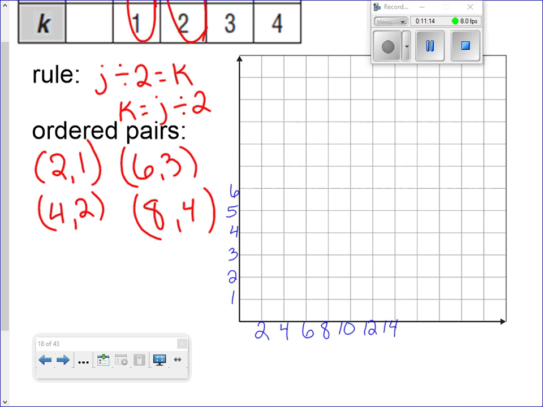And then we just need to put our ordered pairs on the grid. So (2, 1), (4, 2), (6, 3), and (8, 4). Now we could continue both patterns, and it will continue our straight line. If you found the rule and ordered pairs correctly, it should form a straight line.